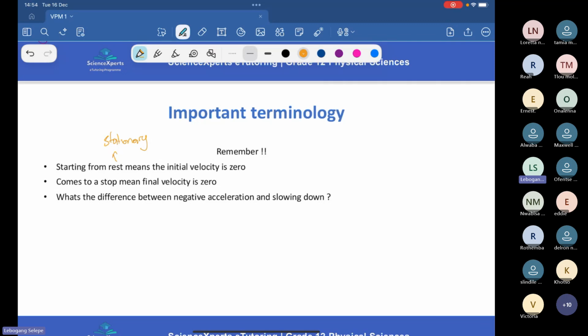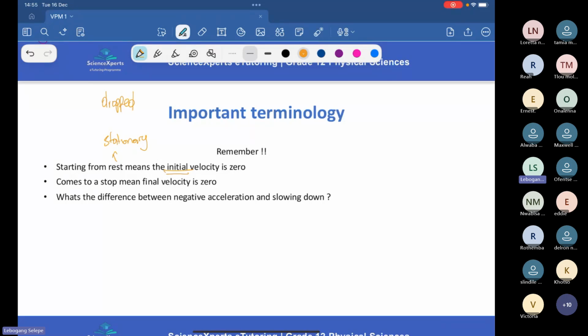It means that the initial velocity is 0, right? They can also use words like the object has been dropped. When an object is dropped, also the initial velocity where it starts is 0, right?